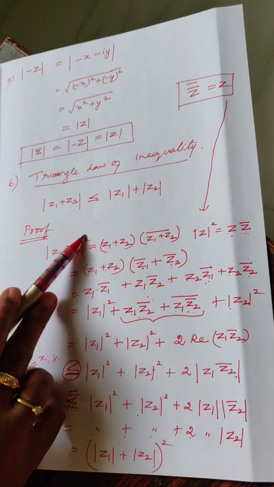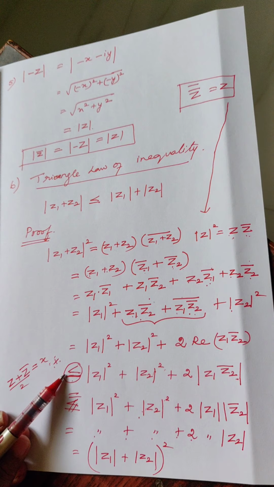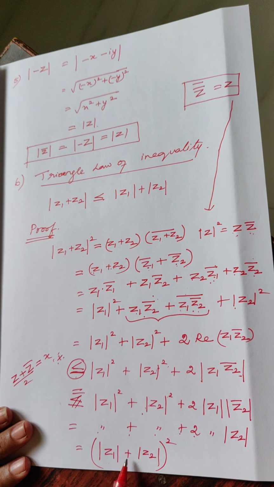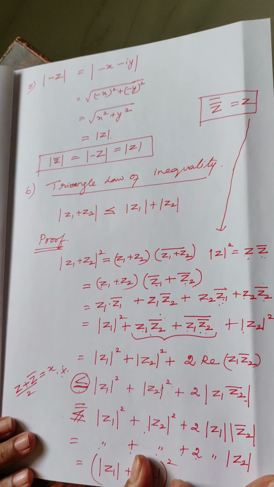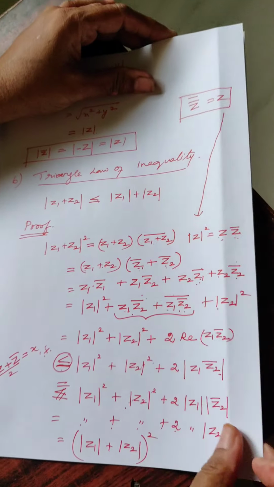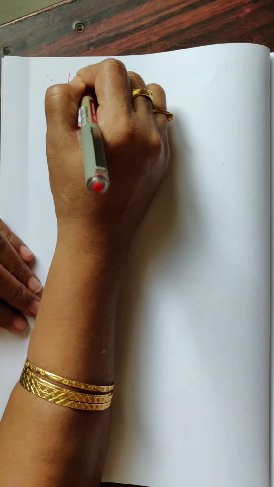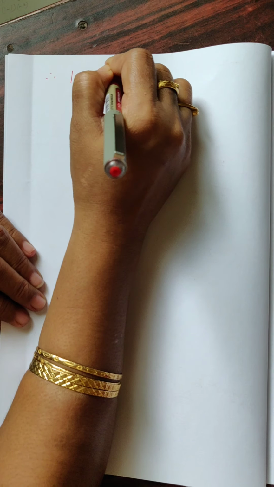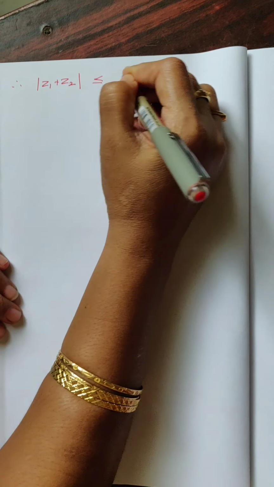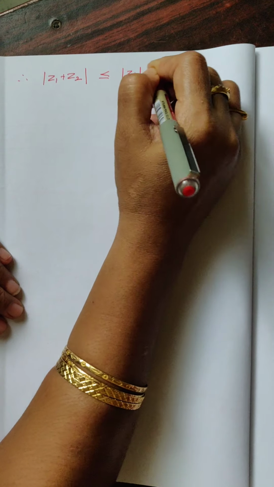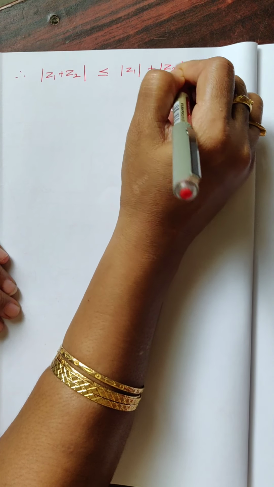So what are you getting? Modulus of z1 plus z2, the whole square, is lesser than or equal to modulus of z1 plus modulus of z2, the whole square. From this what are we getting? Therefore, modulus of z1 plus z2 is lesser than or equal to modulus of z1 plus modulus of z2. Is it clear?